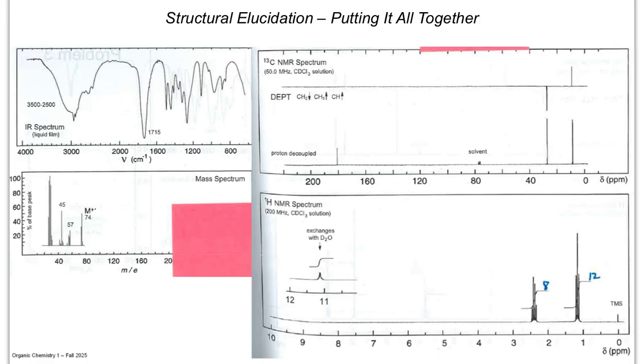So the first thing, when I look at this, I see this kind of broad hump here right in region 1. I always sort of draw a cutoff there, but that belongs to an OH. And the way that it looks, we can see that there's this signal here at 1715.